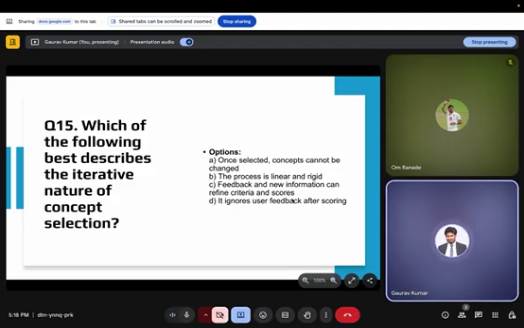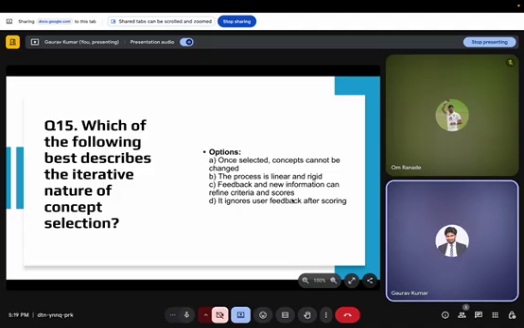Iteration fosters learning within the design team and prevents premature commitment to flawed ideas. It also allows the integration of new technology or materials discovered mid-project, sustaining innovation while maintaining methodological discipline.